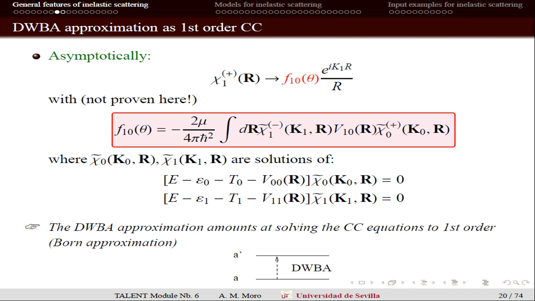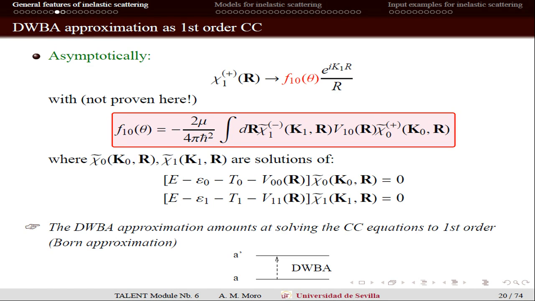We have to look asymptotically at the form of this chi1 and look at the coefficient of the outgoing wave. If we do this properly, this F10 corresponds to this expression, and yesterday you saw this kind of expression in a different notation.